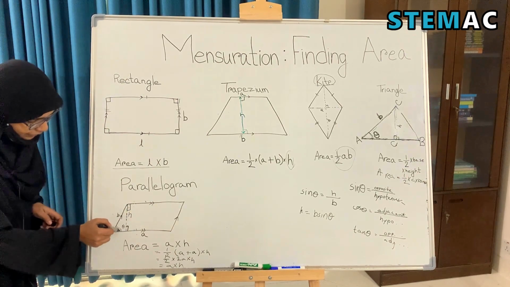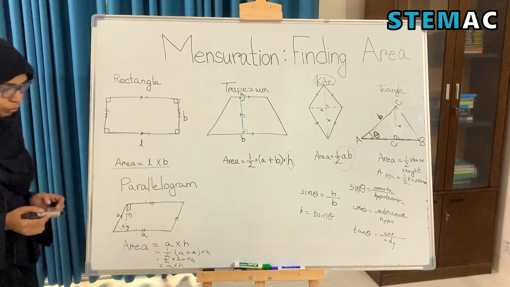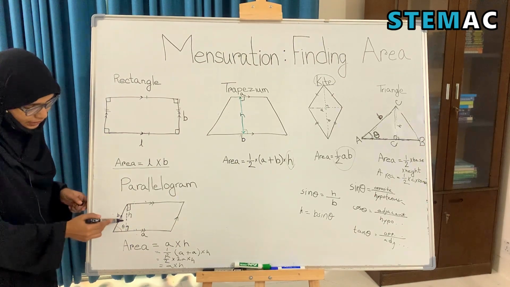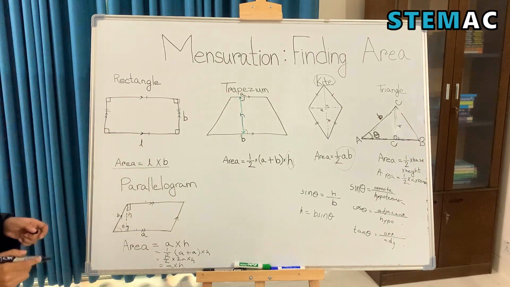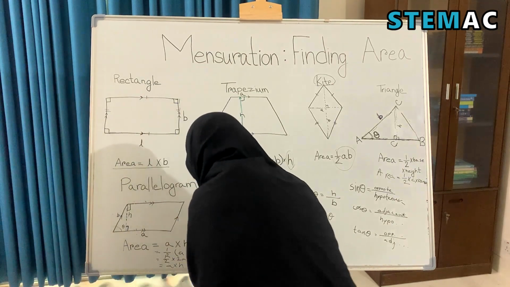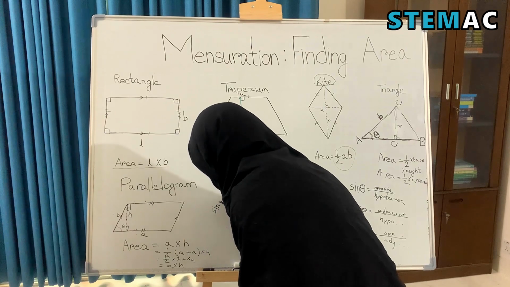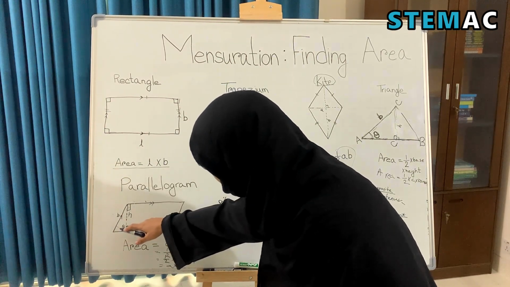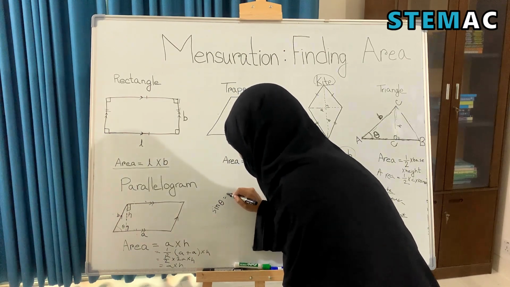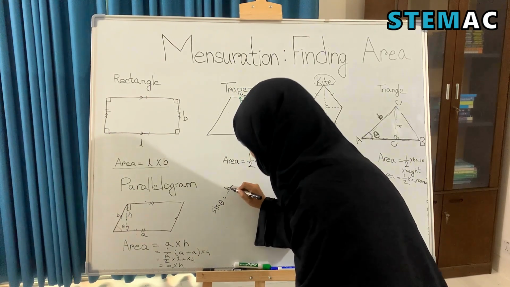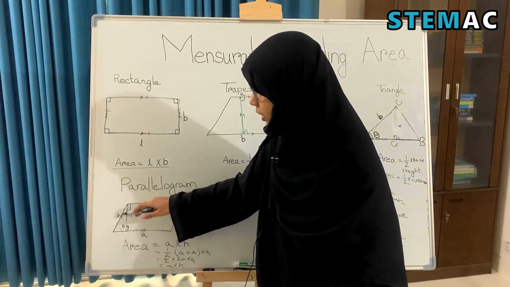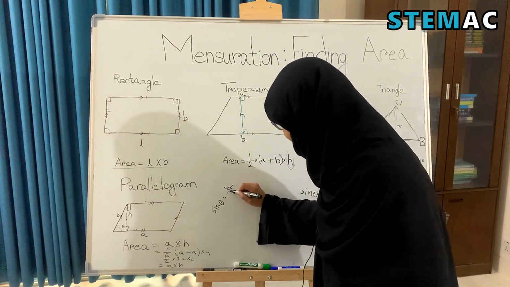So, that makes a right angle triangle, and we can use the trigonometric formula sin theta equals opposite by hypotenuse. Sin theta equals the side opposite to this angle theta, which is h, and the hypotenuse, the longest length of the right angle triangle, is b.